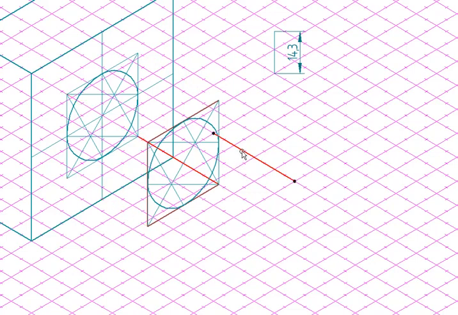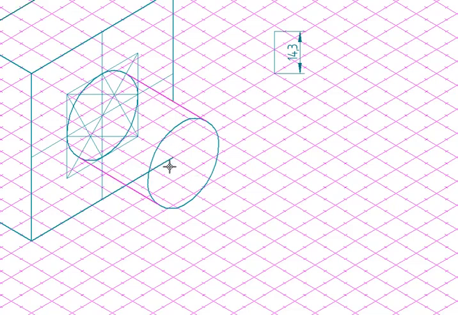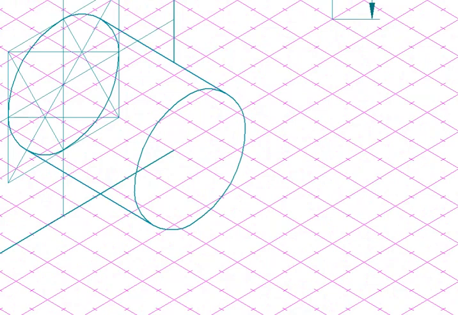Now I'm going to rub all these construction lines. Now I'm going to draw the tangent line from this point to this point, from midpoint to midpoint. Then I'm going to trim all these construction lines.